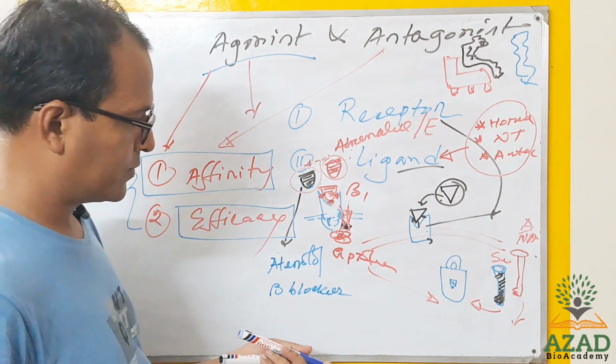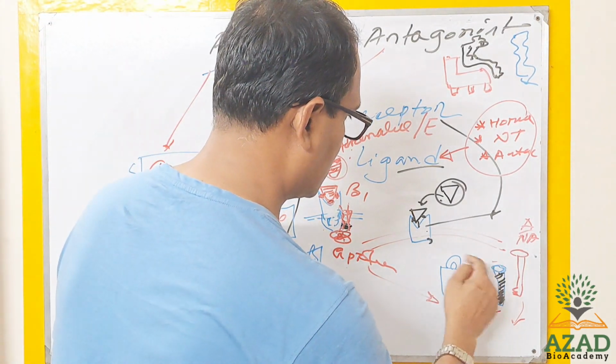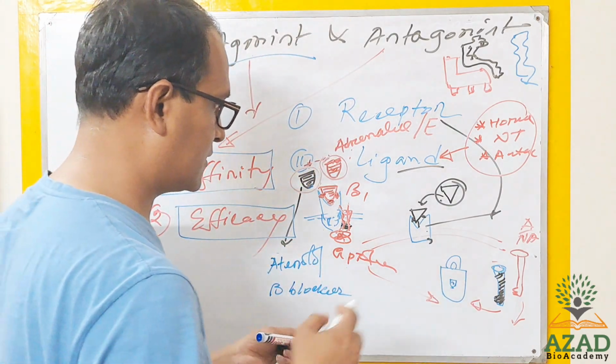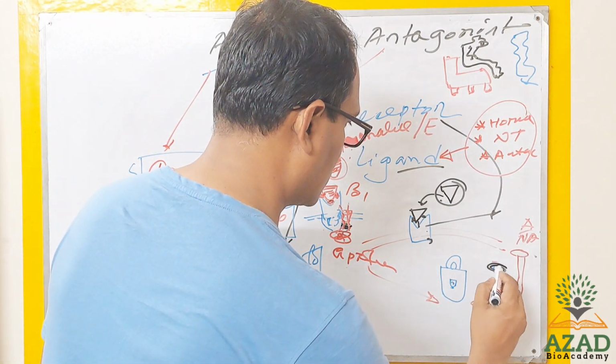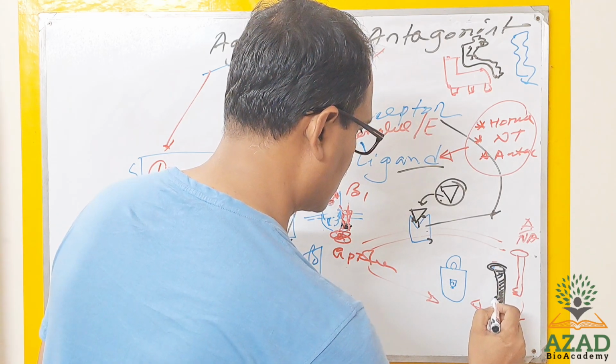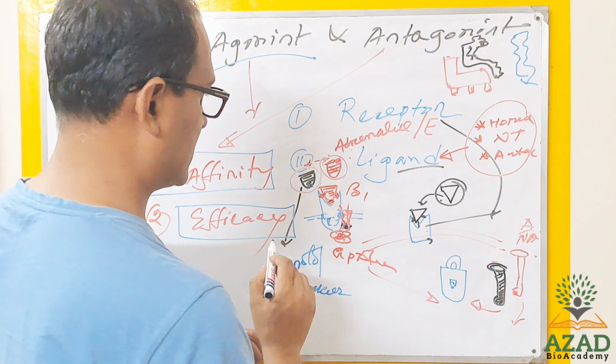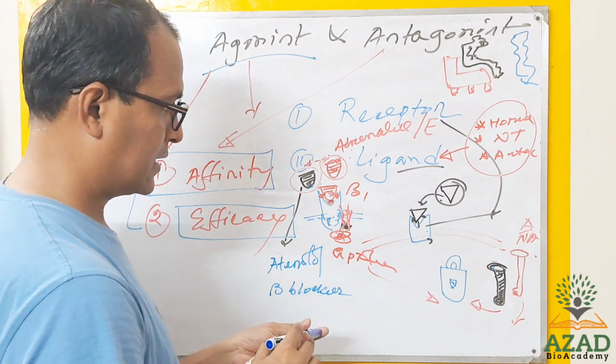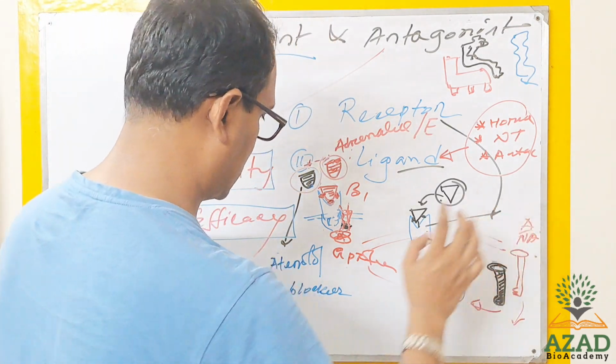If I give an example with the lock and key, that would be easier for you. Suppose the black one is your atenolol, and the red one is your noradrenaline.